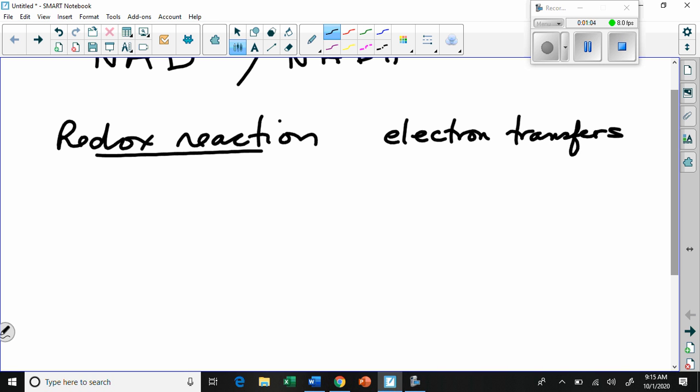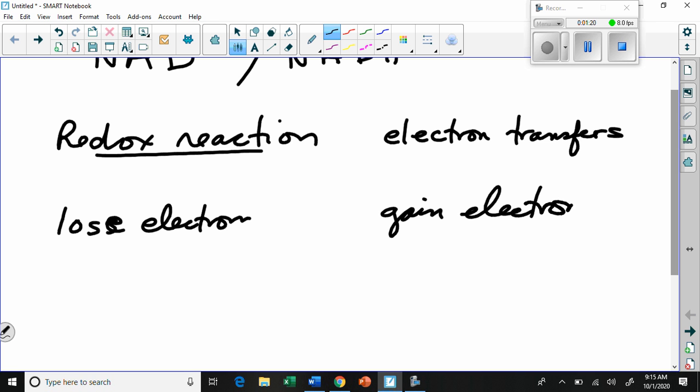Okay? And so obviously if there's an electron transfer, there's somebody who's going to lose electrons, and there's somebody that's going to gain the electrons in the transfer. The person who loses the electrons, we say, has become oxidized.